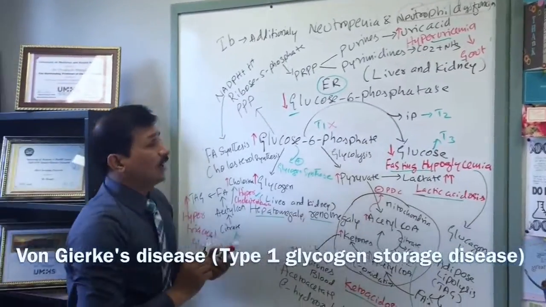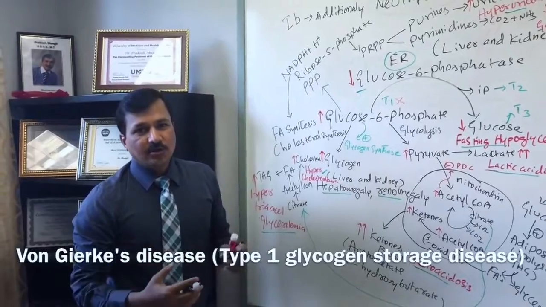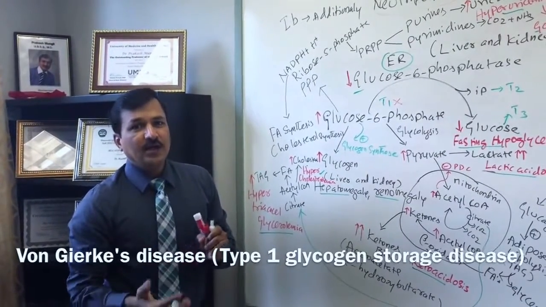This is for type 1B disease, along with all these signs. So this is all about von Gierke's disease type 1A and type 1B.